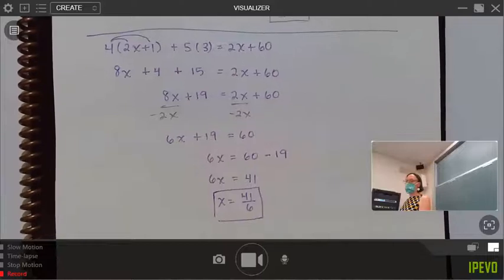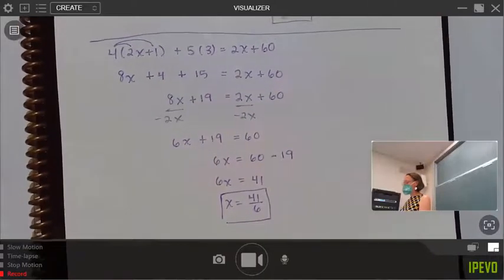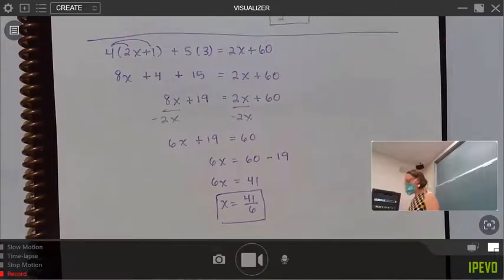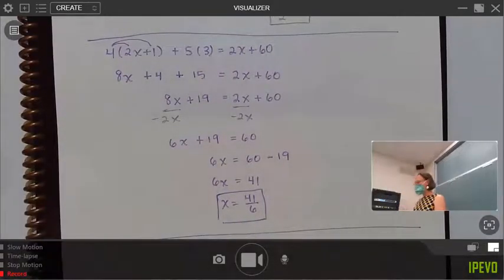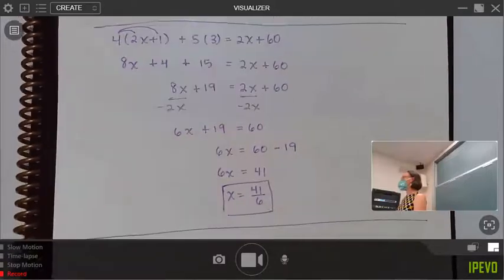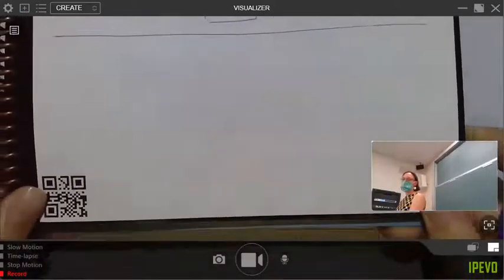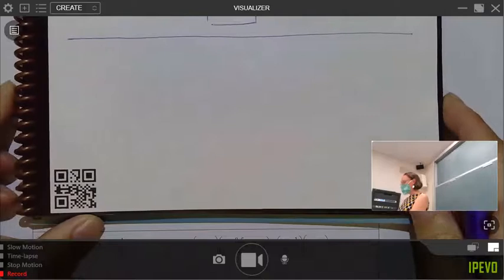Now there's a good question in the Zoom chat about can we practice some common denominator stuff? And how do you find the common denominator to use?